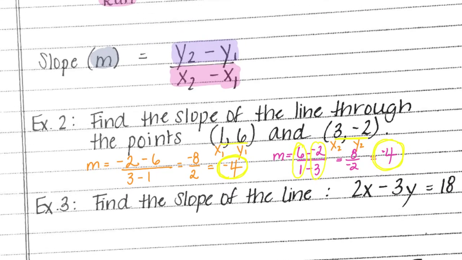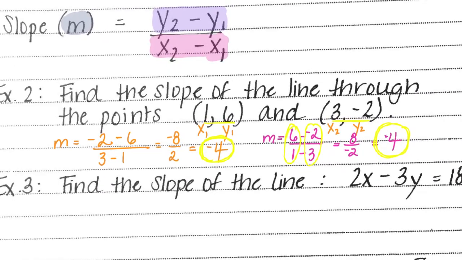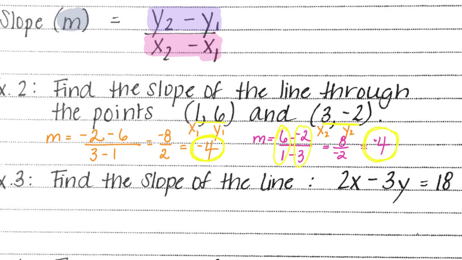All right, moving on to example 3. Find the slope of the line. To find the slope of the line, we are going to solve for y. So the first thing I'm going to write here is we want to solve for y. If I was to solve this for y, the first thing I would do is subtract 2x from each side.